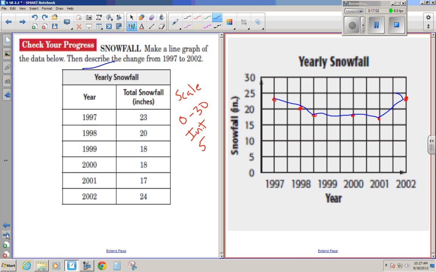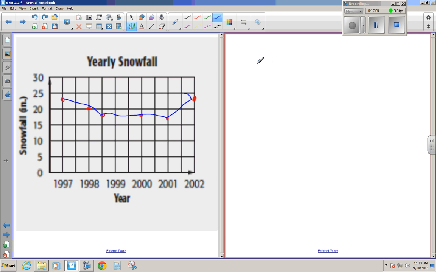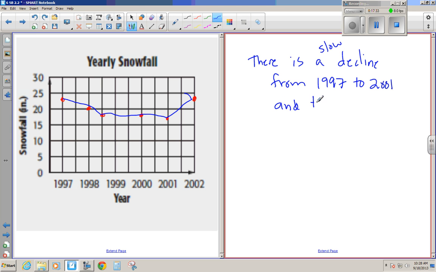So you would describe this problem by saying there is a decline, I could even say slow decline, from 1997 to 2001, and then spikes, meaning goes up quickly, from 2001 to 2002. There you go. That is comparing those.